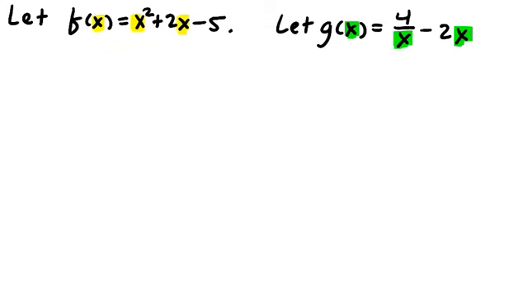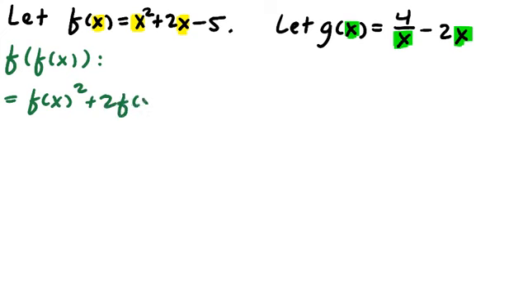Well, what if they asked us about something like f of f of x? Wherever I see x, I'm going to replace that with f of x. So f of f of x is going to be f of x squared plus 2 f of x minus 5.